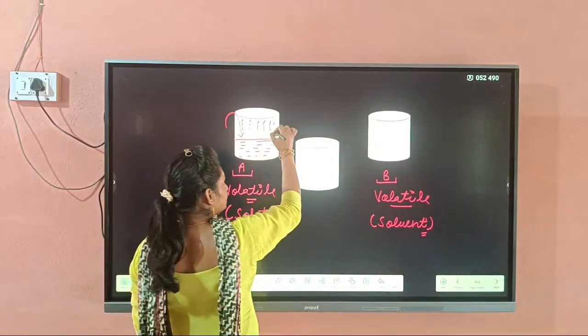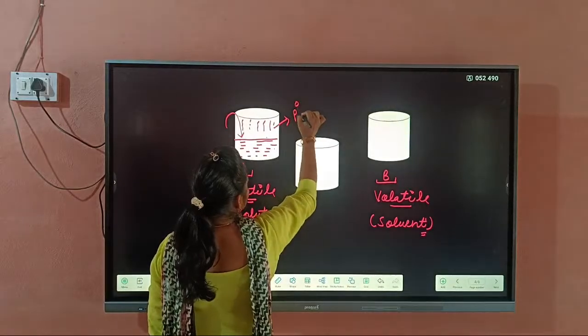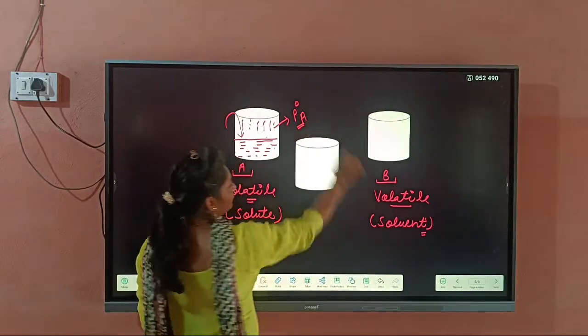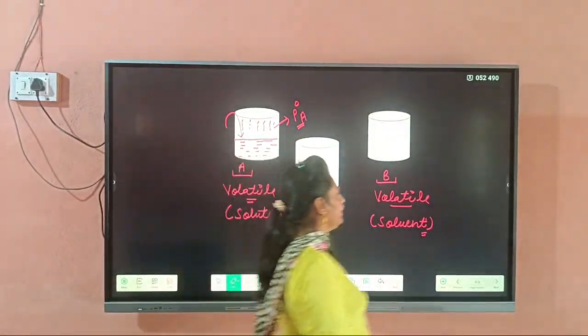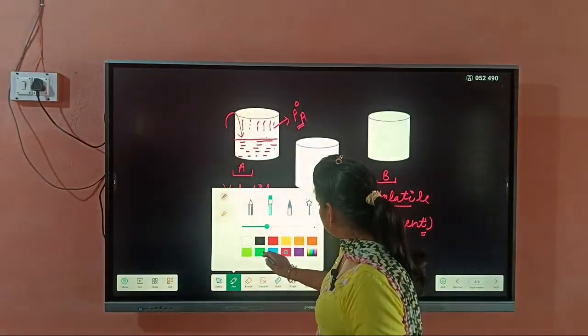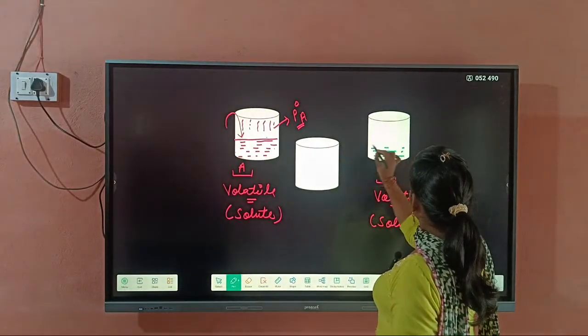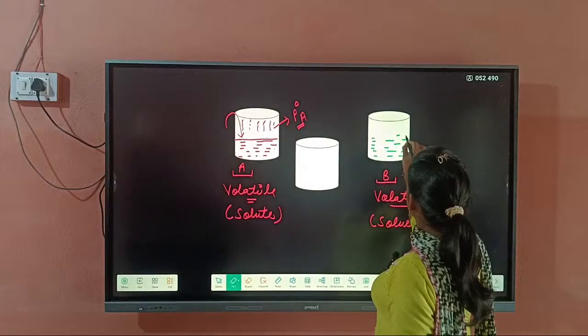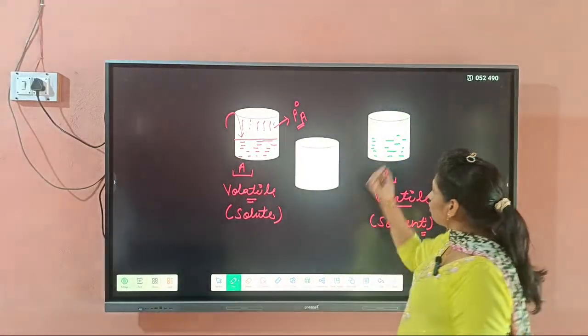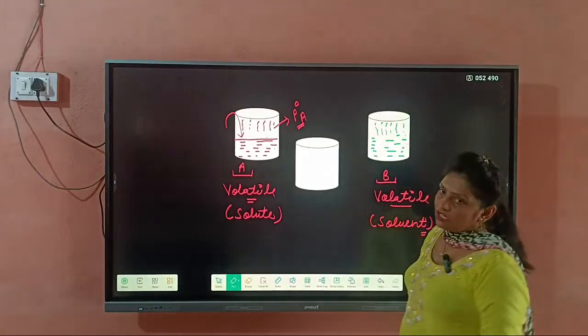Let us consider they are exerting pressure P naught A. And here solvent B is also volatile in nature. So molecules of this also exert some pressure on the surface.